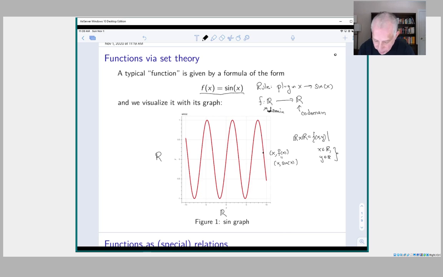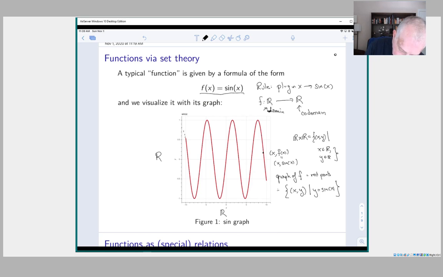So the red points in this picture, the graph of f, are precisely the set of pairs x, y where y is sine of x. Now, obviously, I haven't drawn the whole thing.